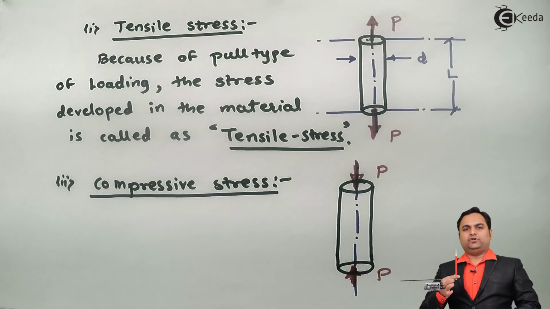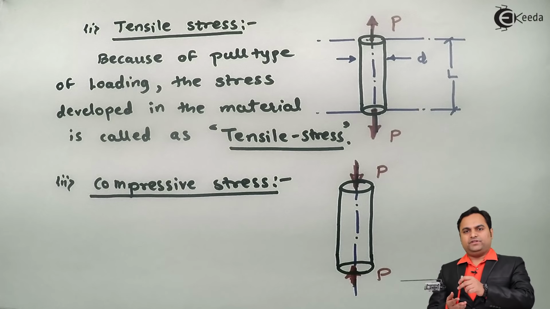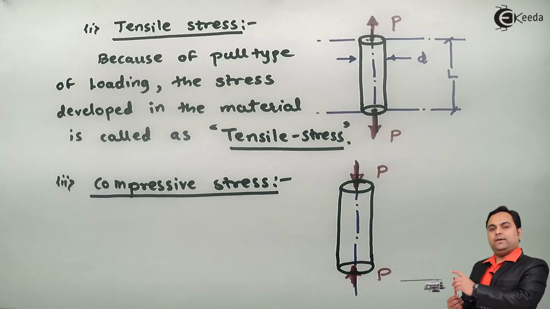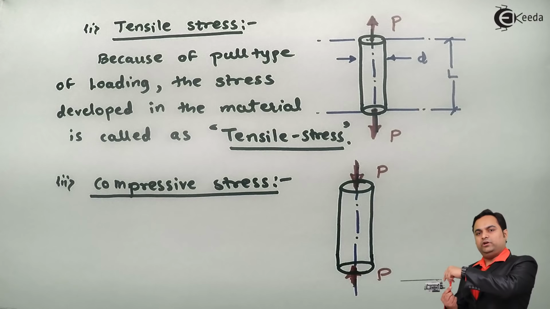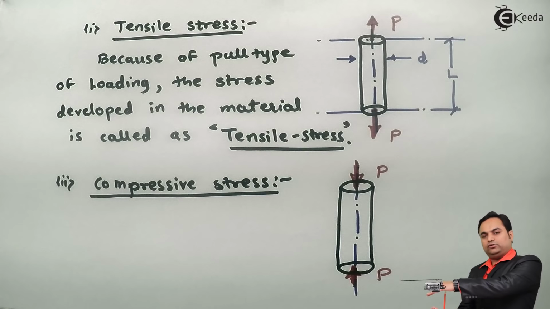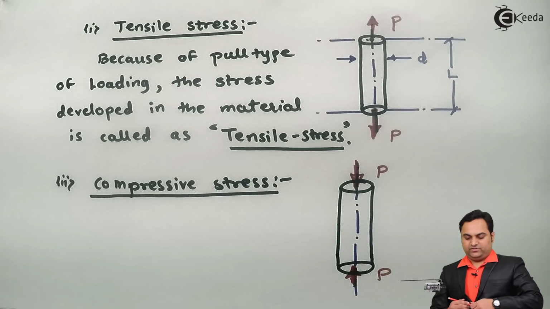For example, I can consider this rod to be subjected to compressive stress. When I apply two forces, one from the upward and the other from the downward direction, because of the action of these two forces, I am pushing this rod, so it is subjected to compressive stress.